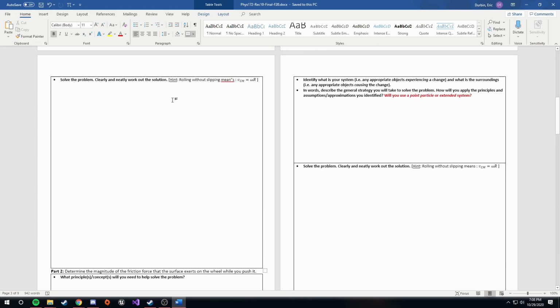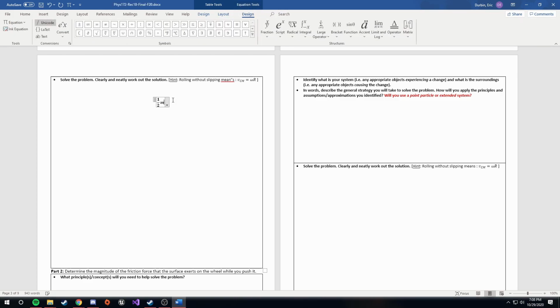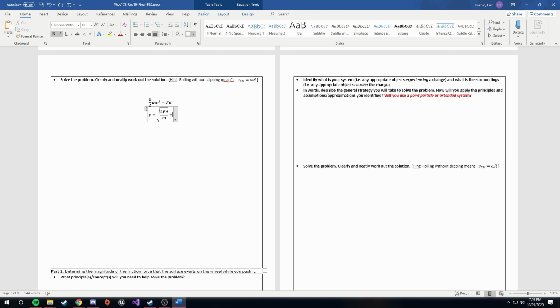Oh yeah, they gave us that hint twice. Cool. So, v equals the square root of 2 force distance over mass.